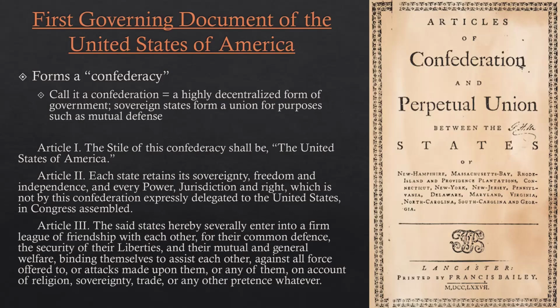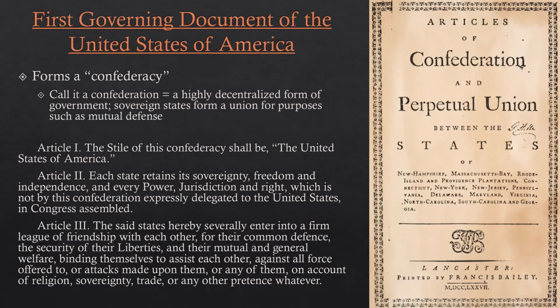So they're not one nation, they're just a group of nation states. And they're coming together for their common defense, the security of their liberties, and their mutual and general welfare, binding themselves to assist each other against all force offered to or attacks made upon them or any of them on account of religion, sovereignty, trade, or any other pretense, whatever.